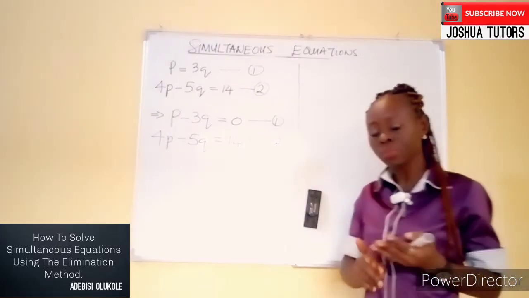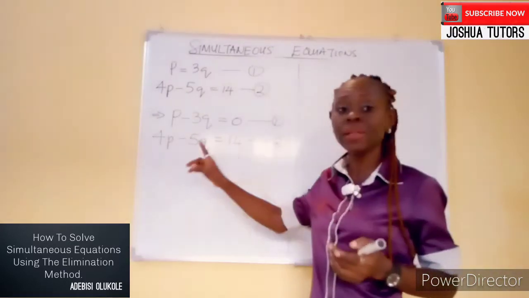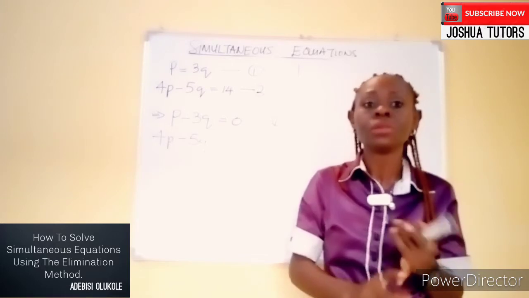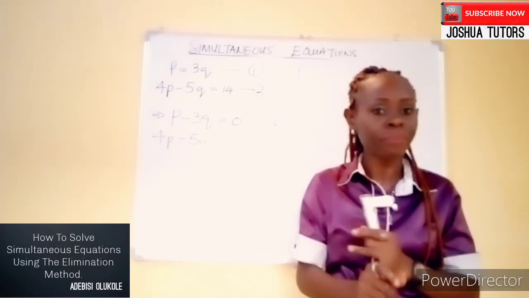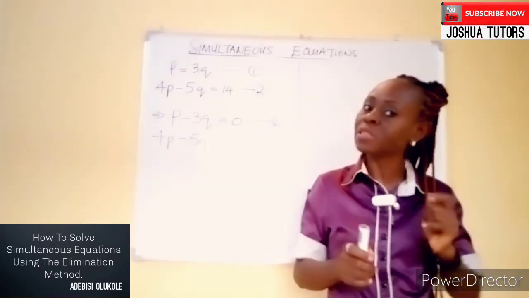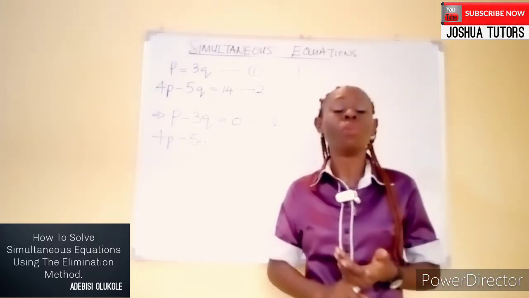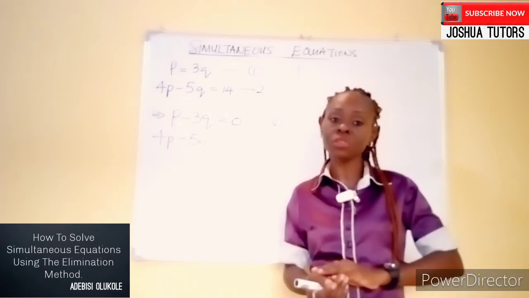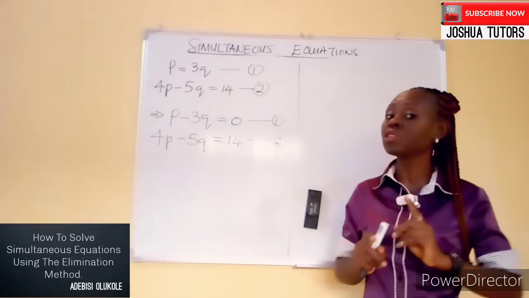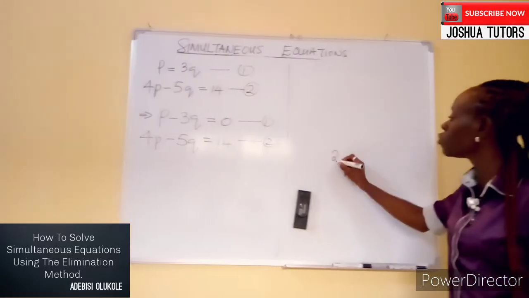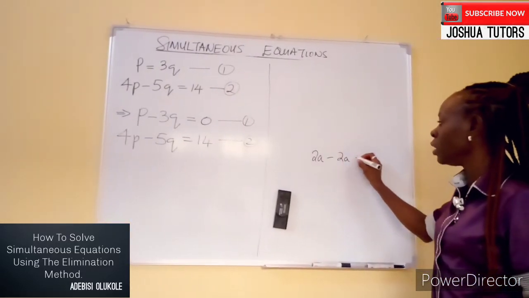So, first of all, since I'm choosing to eliminate P, I will make sure their coefficient numbers are the same, but their coefficient signs are different. Their coefficient signs must be plus and minus, and their coefficient numbers must be the same. What I mean by that is, if I say 2a minus 2a, it will give me 0.